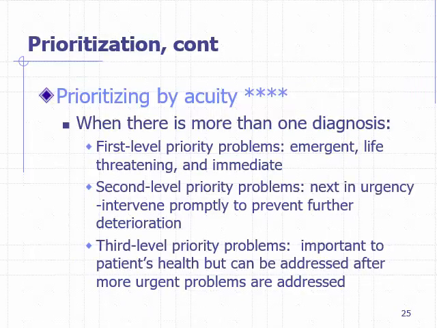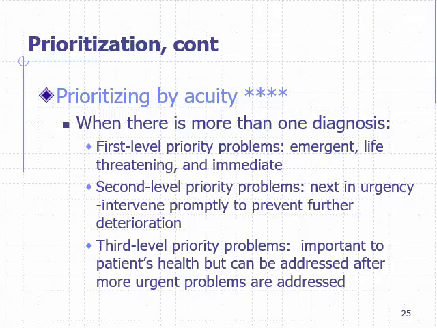So as you recall, there are 3 levels of priority problems when you're prioritizing by acuity. Are those problems emergent, which is life-threatening and immediate, such as they're not breathing and they're bleeding? Are they second-level priority problems, which is next in urgency? This is where the nurse needs to intervene promptly to prevent further deterioration.